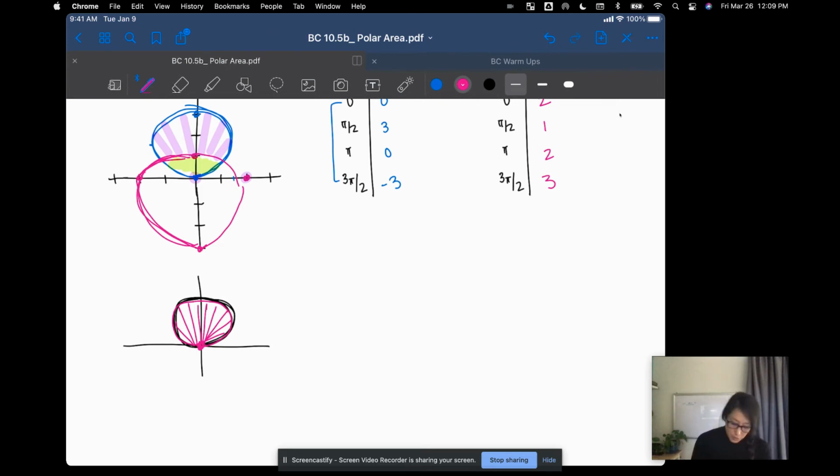But I don't need any of this area right here, right? So all I want to do is get the area. Oh, I missed a little. I don't want any of this initial area here, like right here, of the circle, okay?